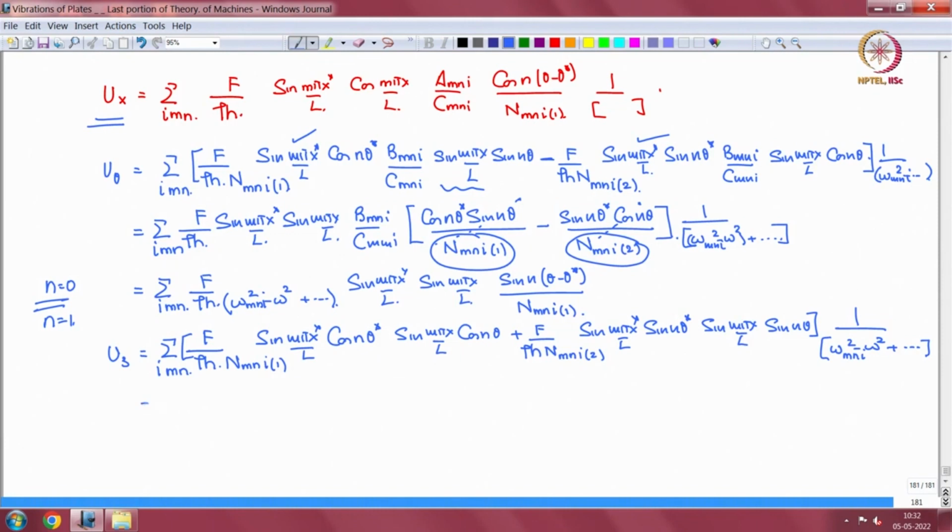Again, we can see from here itself n equal to 0, this term is going to be 0.